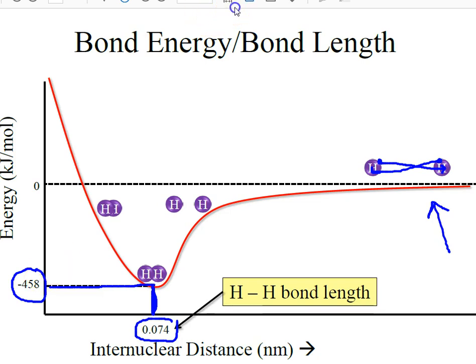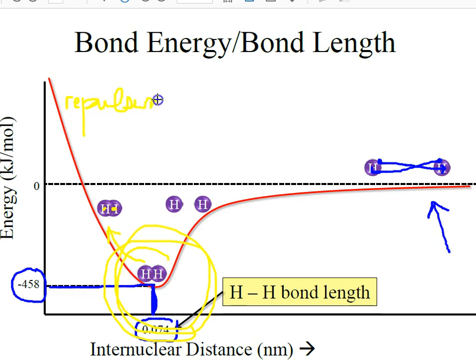Now, what's going on over here past that point? So here's the perfect distance. You get them too close, though, and repulsion is going to occur because the nucleus of this one, which is positive, is getting too close to the nucleus of this one, which is also positive, and they're going to start repelling. So over here to your left, you have repulsion going on.